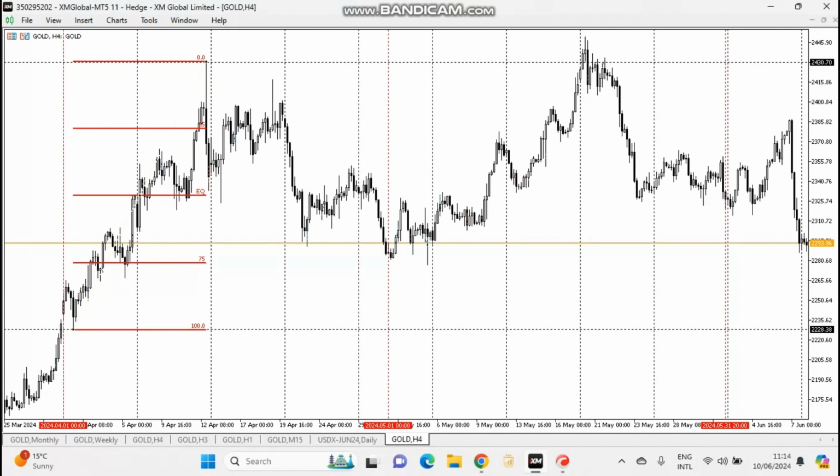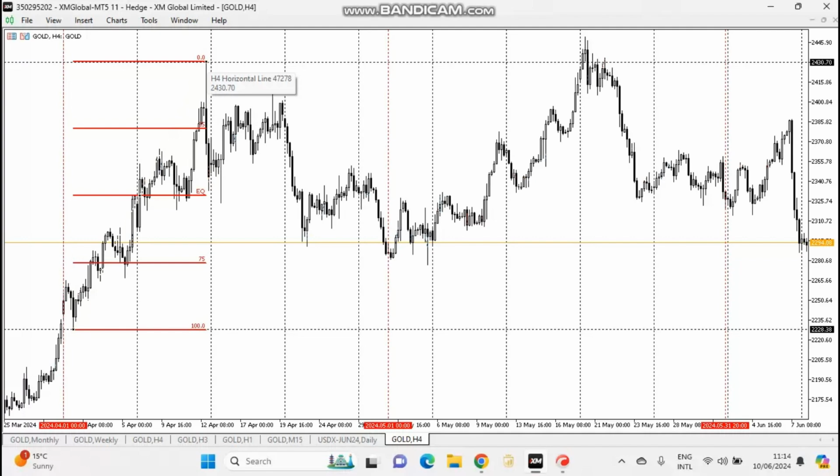Okay, so now we have these. We're going to be looking at where the DRT levels are and what we have around them for this month.